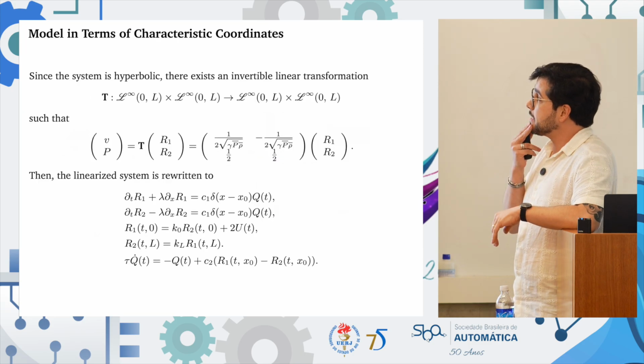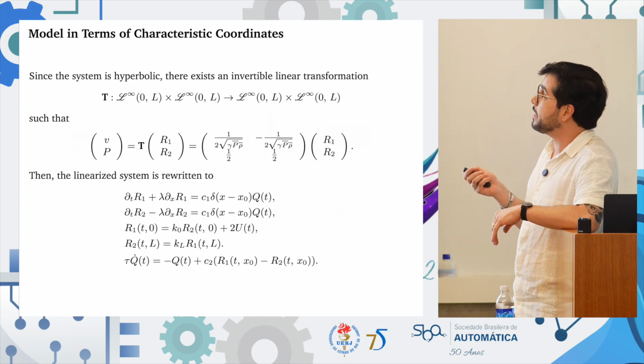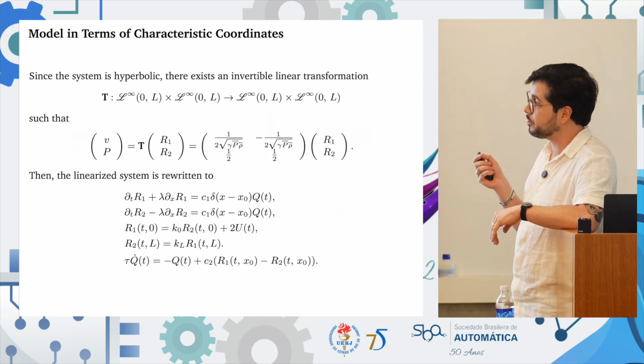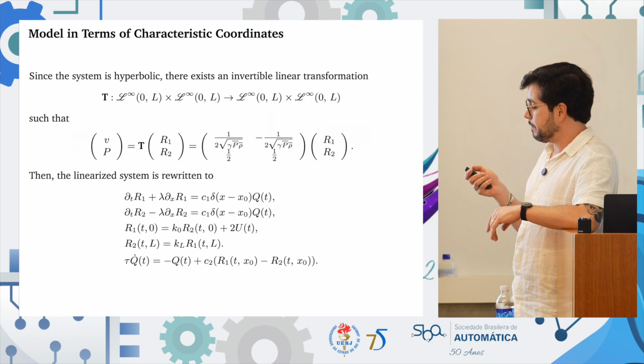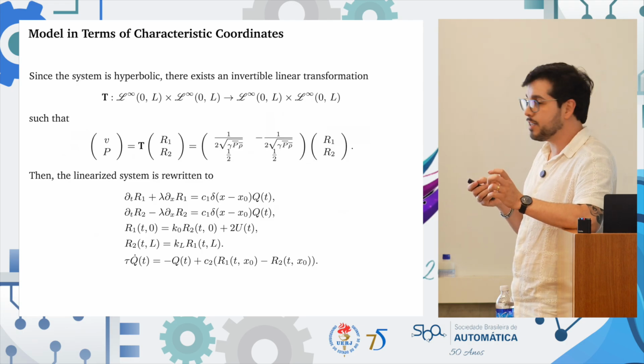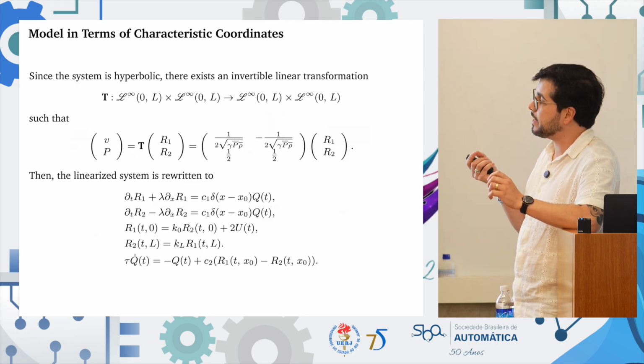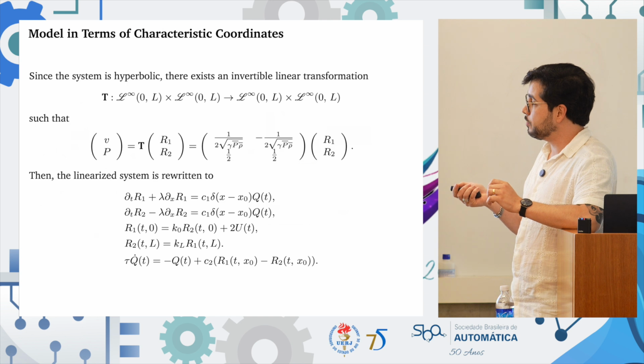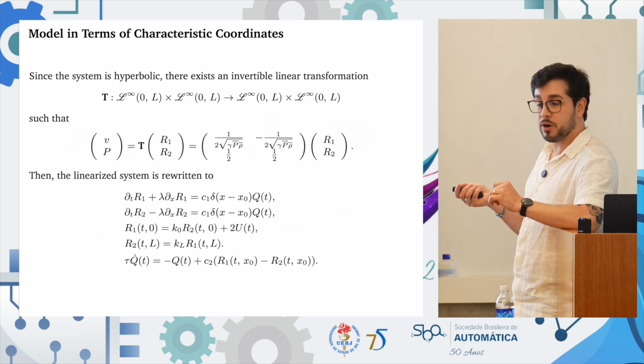But for these systems we have the so-called characteristic coordinates, which is a transformation that transforms the physical coordinates into these characteristic coordinates that represent the system as transport equations.